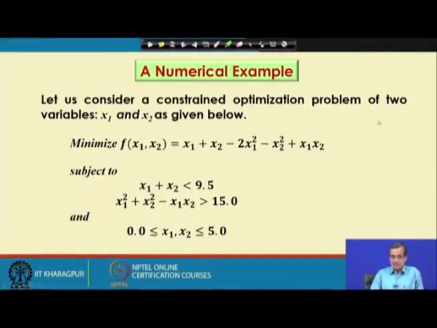So, this is the objective function, these two are the functional constraints, and this is the side constraint or the variable bounds.